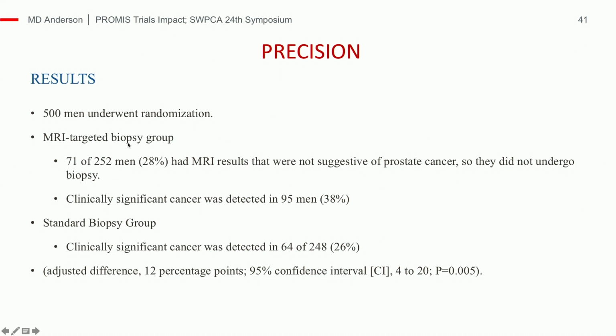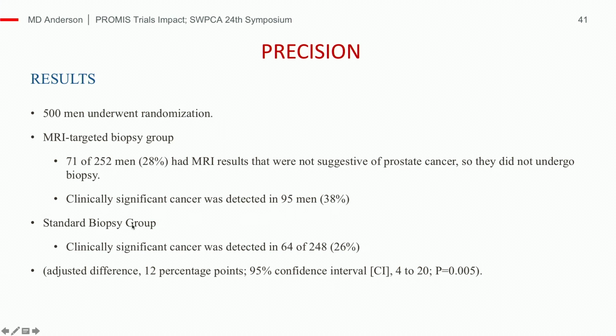So 500 men in the PRECISION trial underwent randomization. In the MRI targeted biopsy group, 71 of the 252 men had results that were not suggestive of prostate cancer, so they didn't undergo any biopsy. Of the MRI targeted biopsy group, clinically significant cancer was identified in 38% of men.